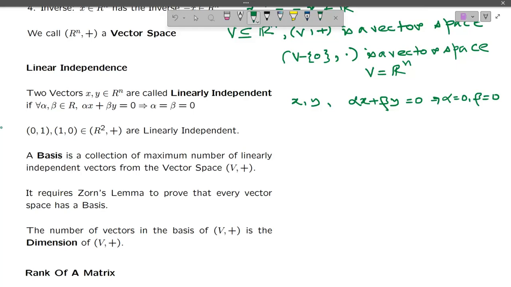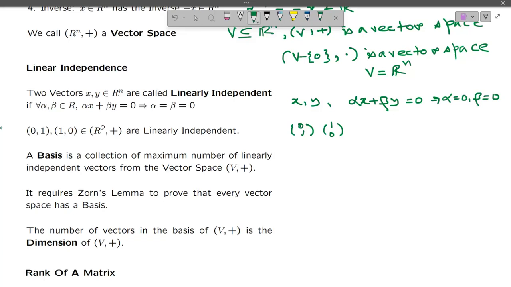So that's the definition of linear independence. For example, (0, 1) and (1, 0) in R2 are linearly independent. Any linear combination of (0, 1) and (1, 0) is non-zero when alpha or beta is not equal to 0.